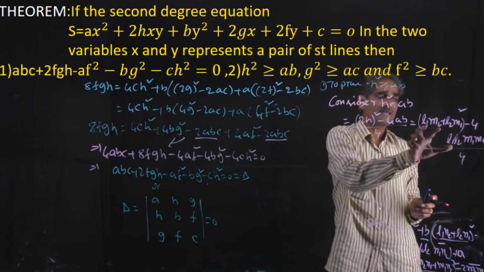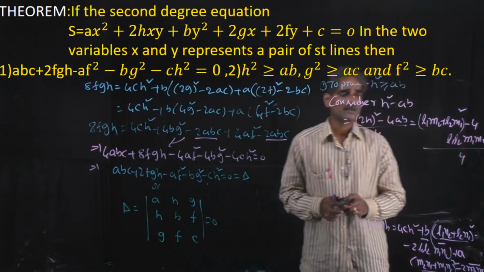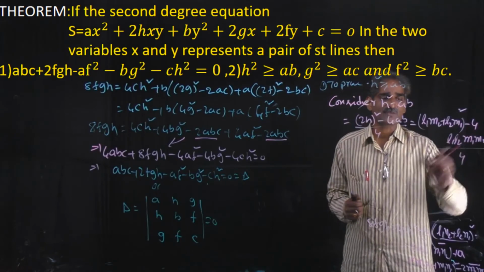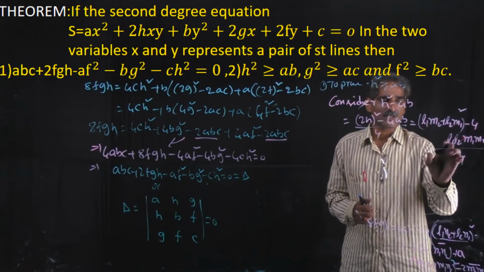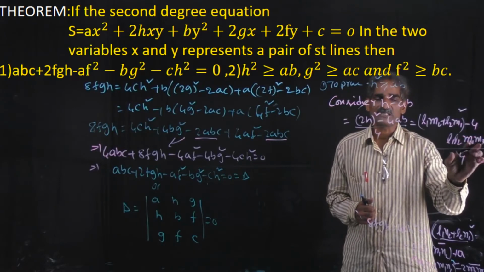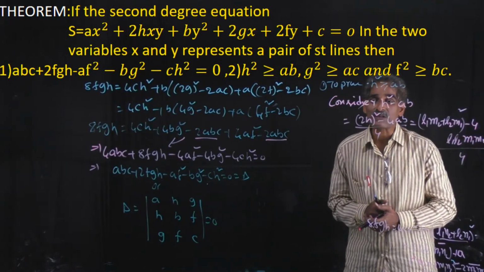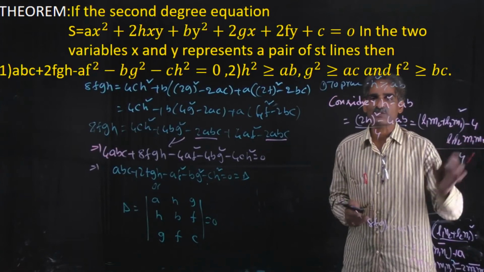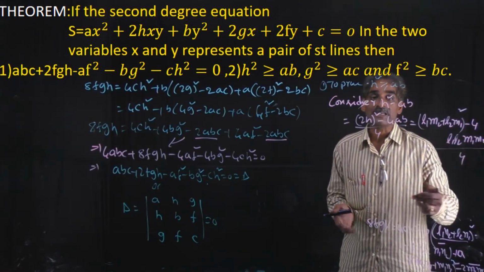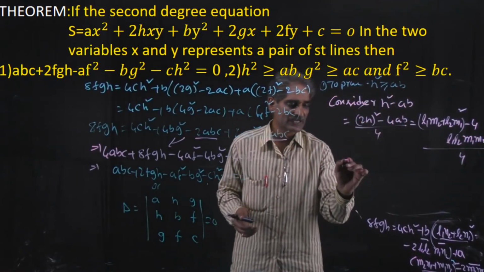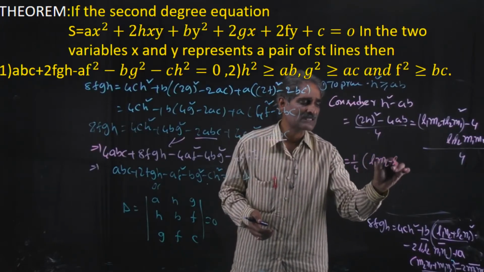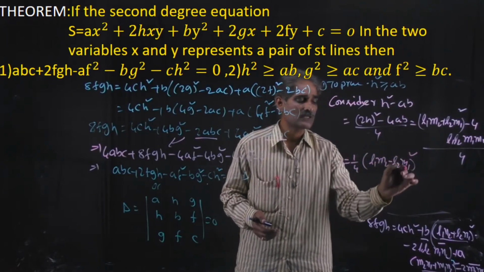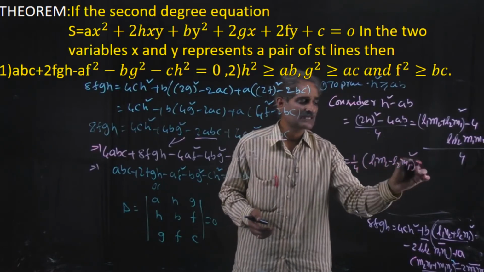Observe that A plus B whole square minus 4AB is nothing but A minus B whole square. So here we can write 1 by 4 into L1 M2 minus L2 M1 whole square. This whole square term is always greater than or equal to 0.